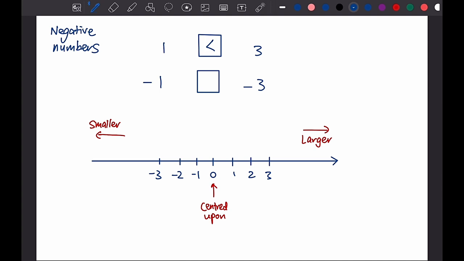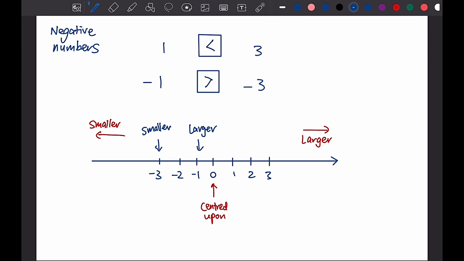So next we look at the two numbers that we want to study, which is -1 and -3. Alright, and so now we know that the number on the right is the larger number, so therefore -1 is larger compared to -3. So therefore we say that -1 is greater than -3.